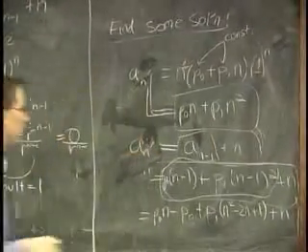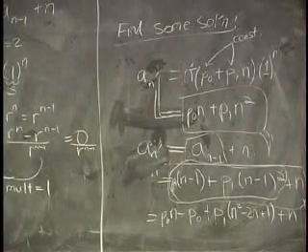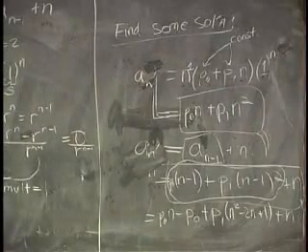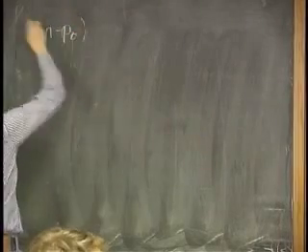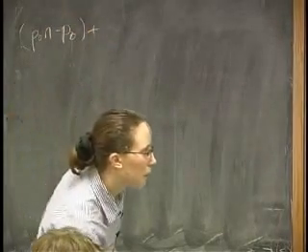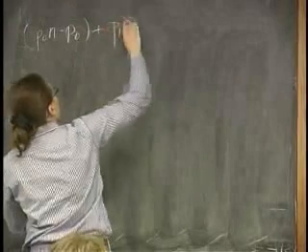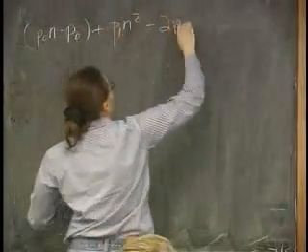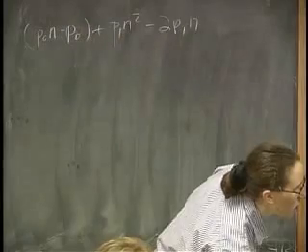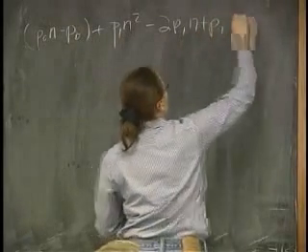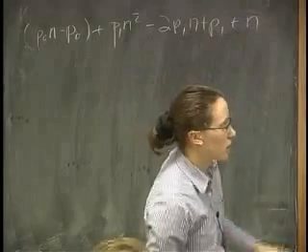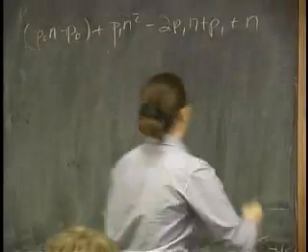I'm going to have to go over to the other board now and put these all together. Okay, so let's see. We have p0 n minus p0 plus p1 n squared minus 2 p1 n plus p1 plus n. And now this is supposed to be equal to p0 n plus p1 n squared.